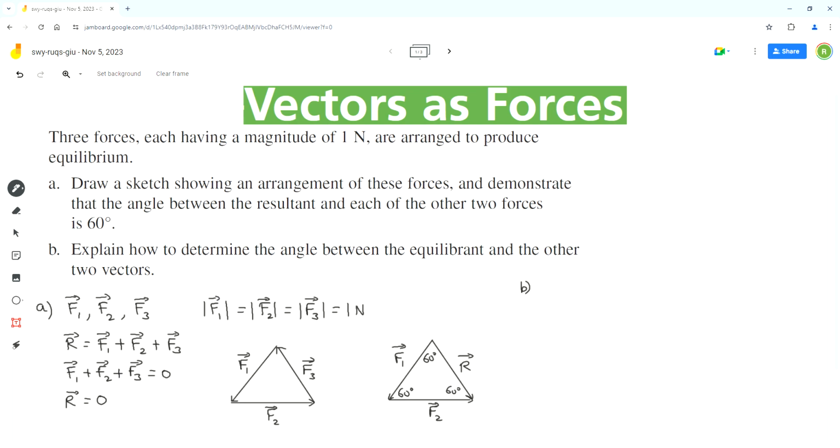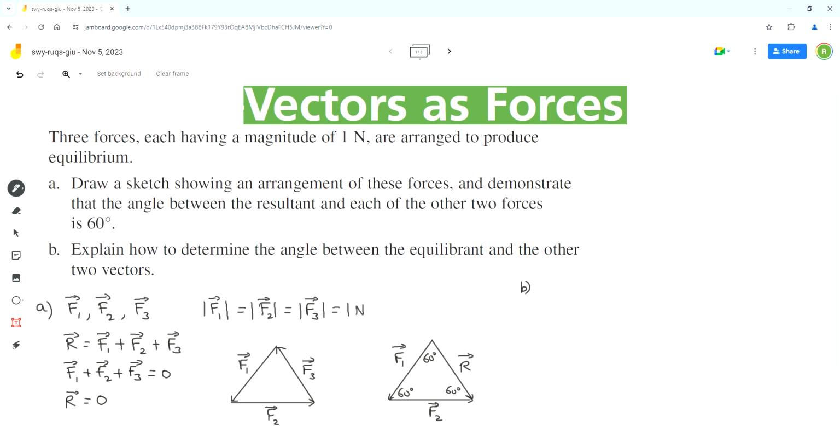Explain how to determine the angle between the equilibrant and the other two vectors. Now, the equilibrant vector is a vector that's equal in magnitude to the resultant vector but is opposite in direction to the resultant vector. Now, the angle between the resultant and the other two vectors is 60 degrees.